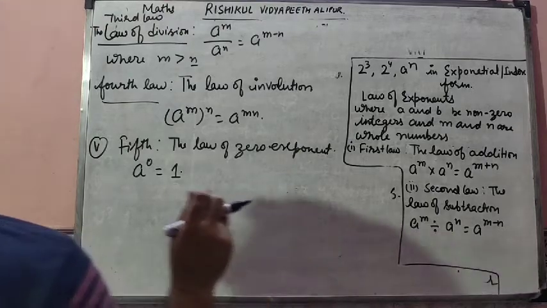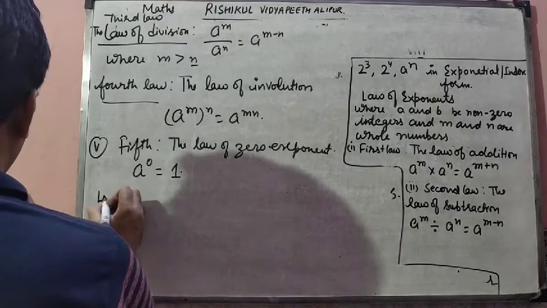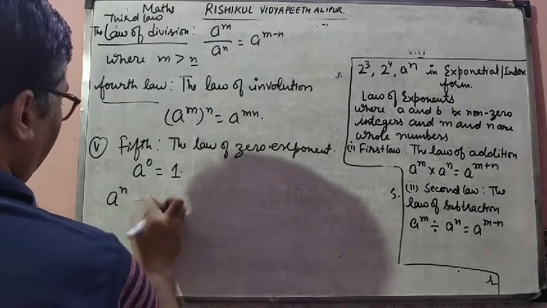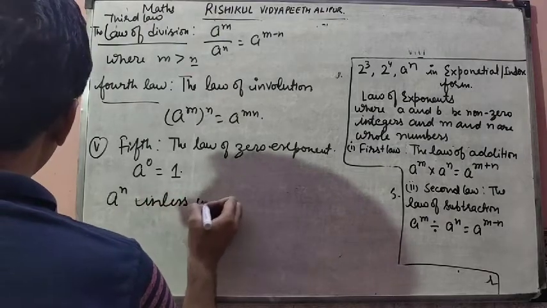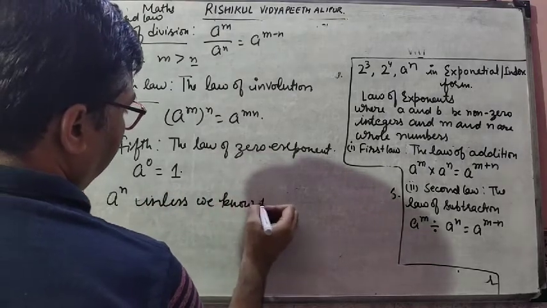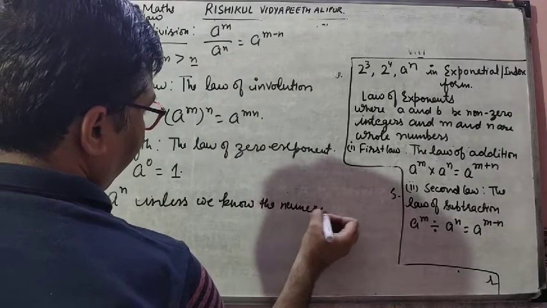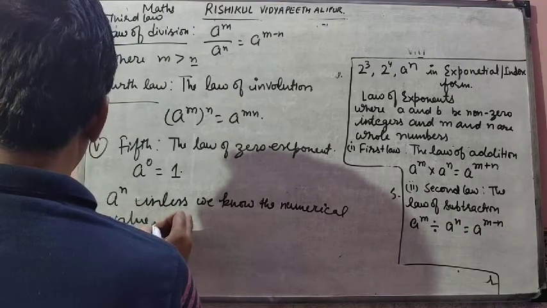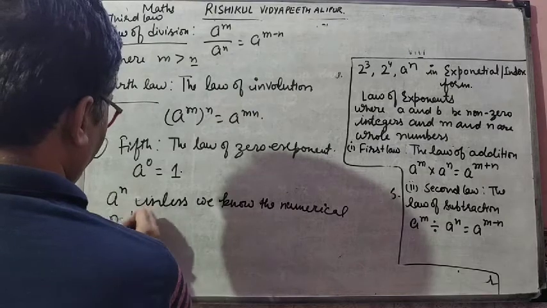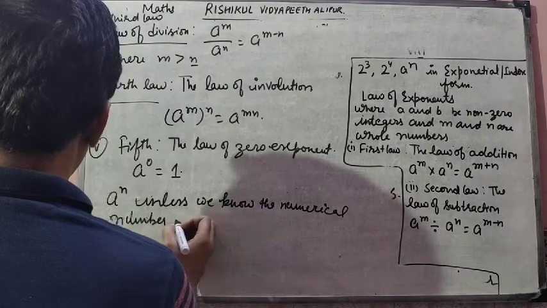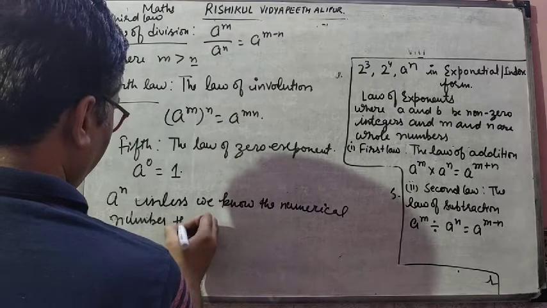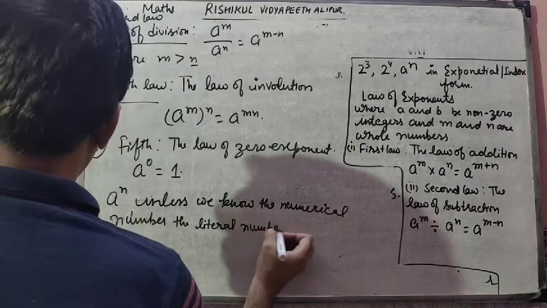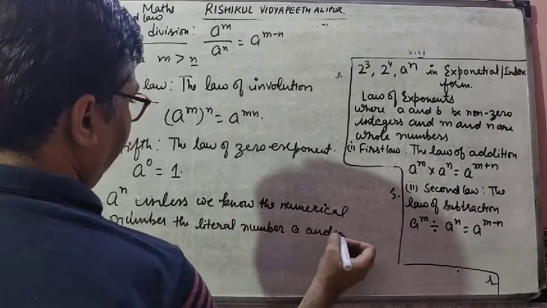We cannot find the value of a raised to power n unless we know the numerical values of the literal numbers a and n.